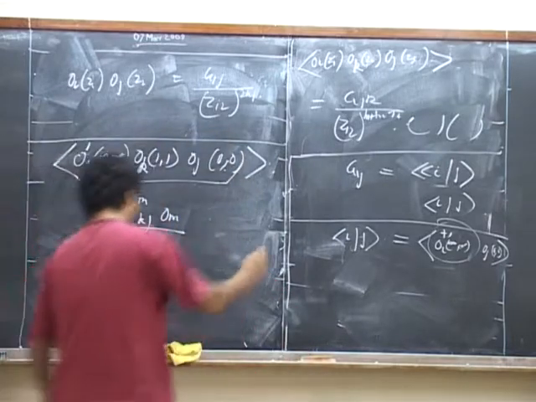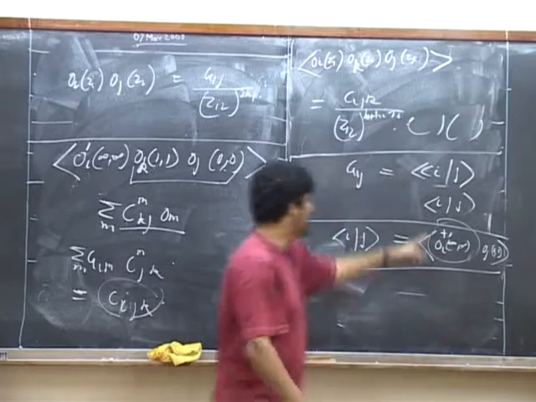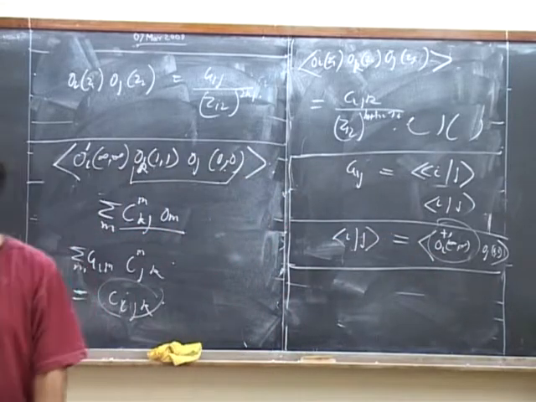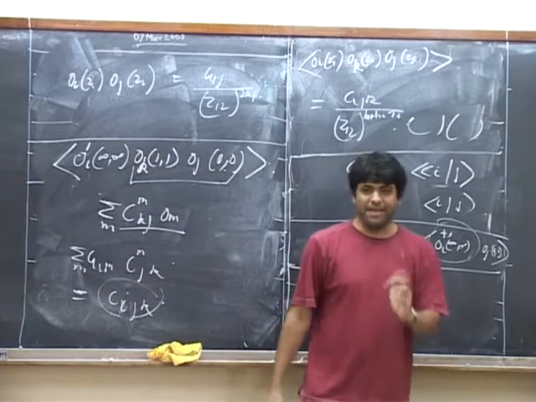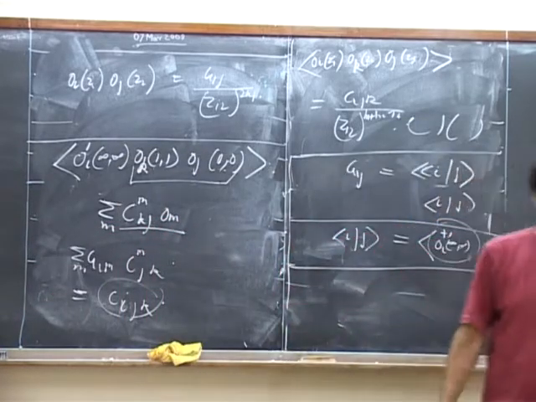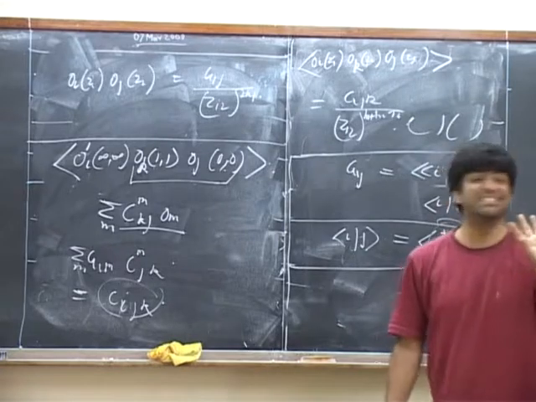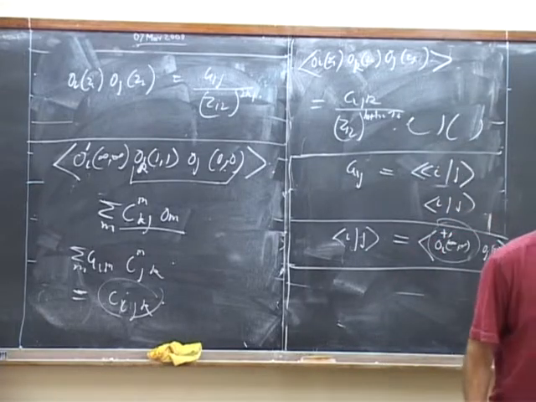Okay, so let's try to understand this. In order to understand this, I first have to give you the definition of this OI dagger. What I want to do is, on Hilbert space, simply complex conjugate the wave function.